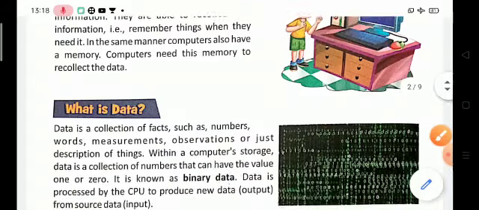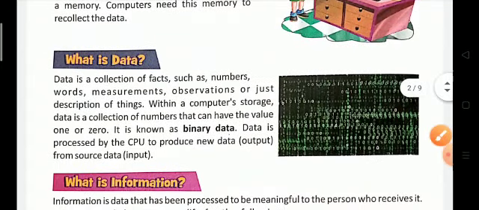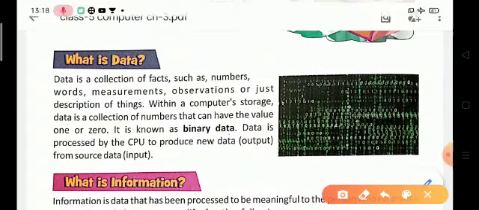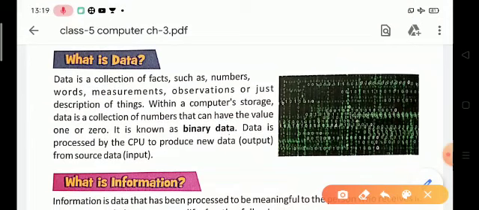Now the question is, what is data? Data is the raw material. It is a collection of facts, information, words, measurements, observations, or just descriptions of things. Within computer storage, data is a collection of numbers that can have the value 1 or 0, and this 1 or 0 is known as binary data.